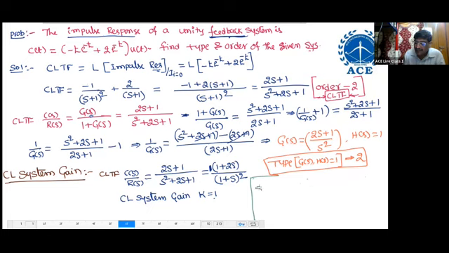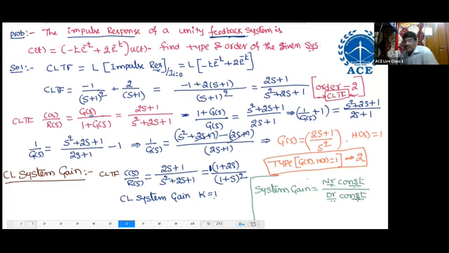System gain equal to simply numerator constant by denominator constant.